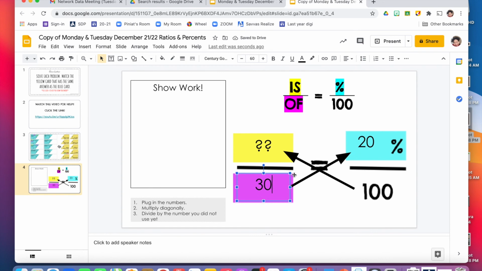So we want to multiply diagonally. So we'll do 30 times 20 equals 600. And then I want to divide by the number I did not use yet. So we're going to do 600 divided by 100, which equals, don't want to forget the equal sign, 6. So my answer is 6.